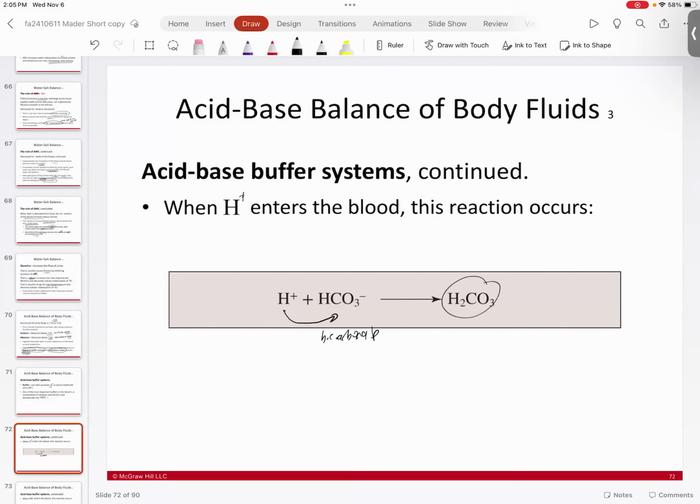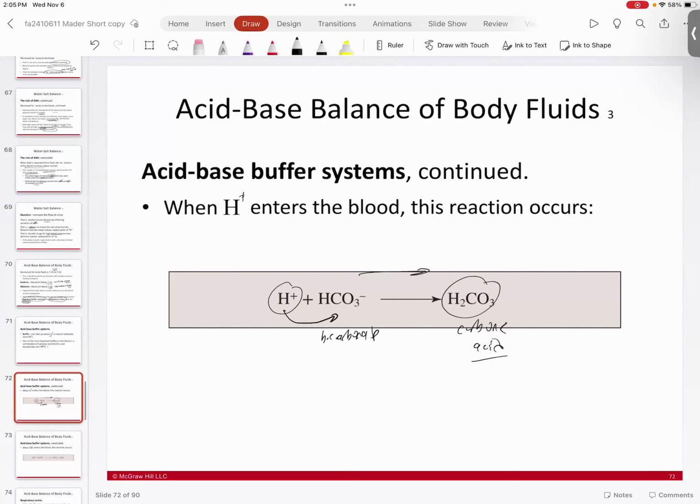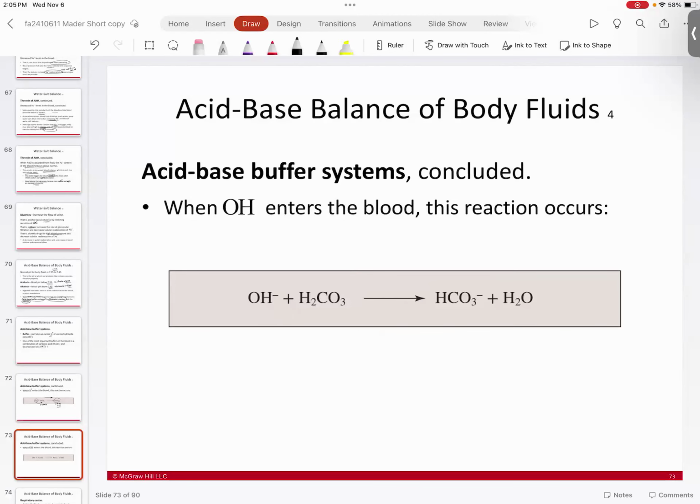And it's going to create carbonic acid. Now, carbonic acid itself is not acidic. It's only when it falls apart into hydrogen ion that it becomes acidic, because it's the hydrogen ion that creates the acidity, right? So if you're able to move it in this direction, then that essentially takes that hydrogen ion out of commission. So that's one way to regulate it with the buffer.